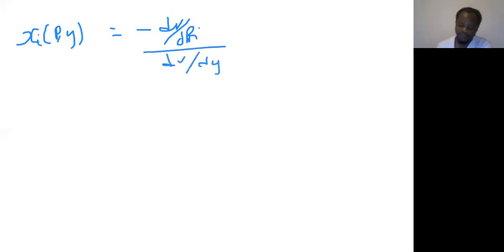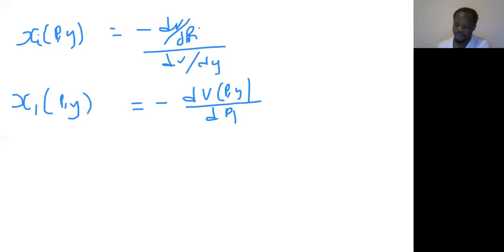So if I'm looking for x1(p,y), I differentiate the indirect utility function, a function of p and y, with respect to p1, all over the derivative with respect to income, which is y, right?